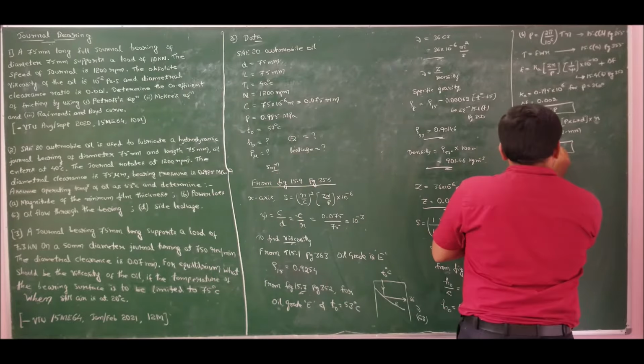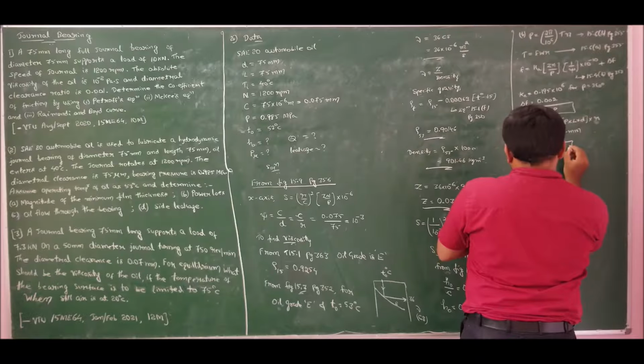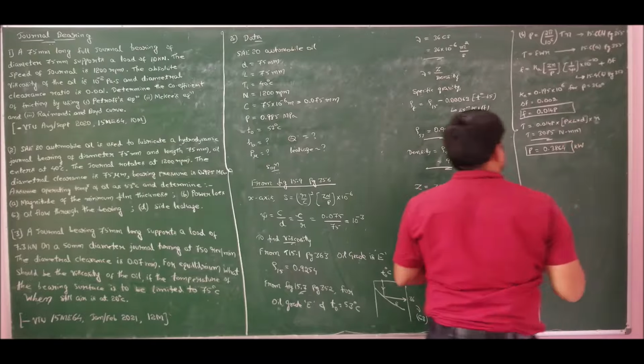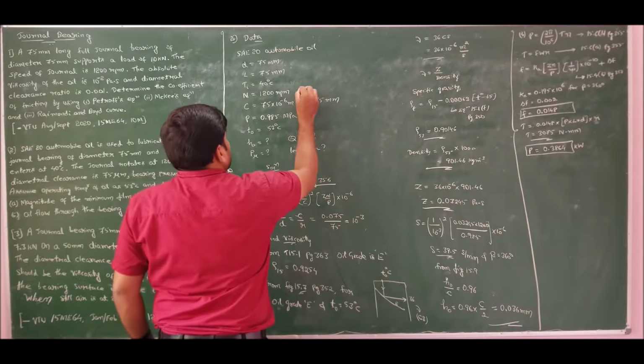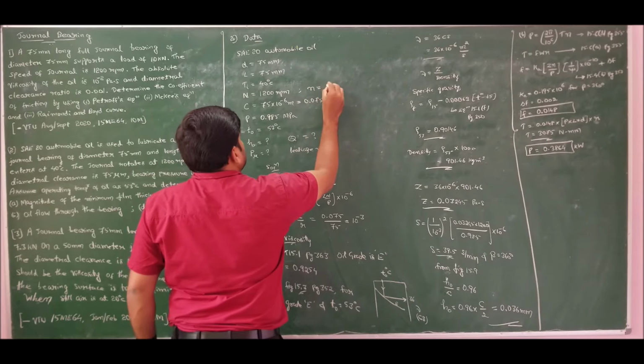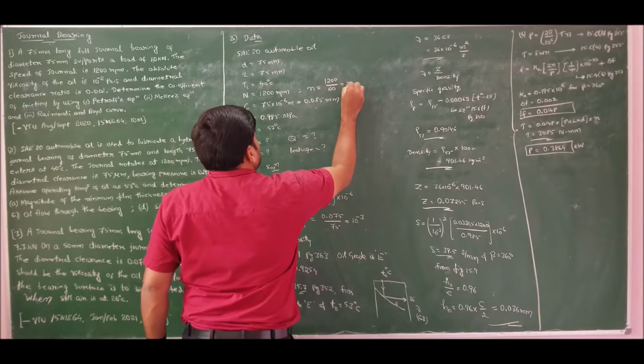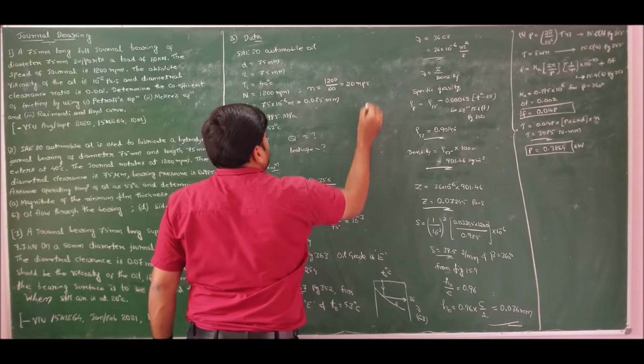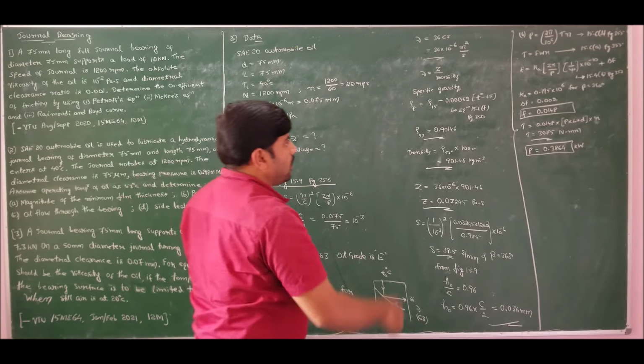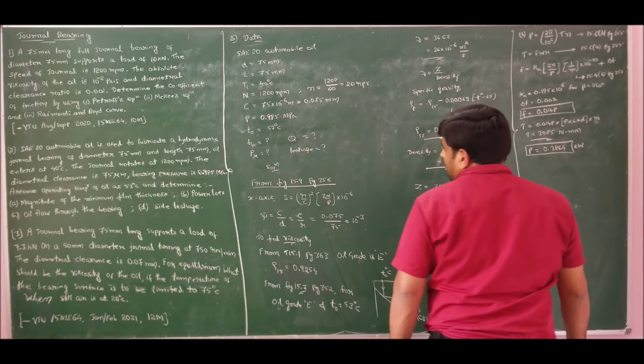Hence I will get the answer as 0.3864 kilowatts. The unit is kilowatts. Here itself you write small n is 1200 by 60, which is 20 RPS. So the power loss is 0.3864 kilowatts.